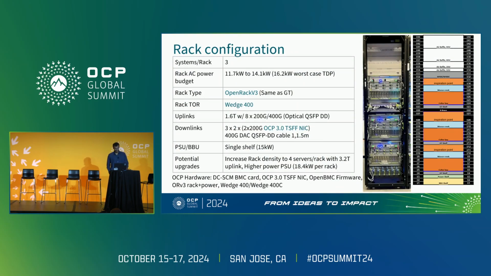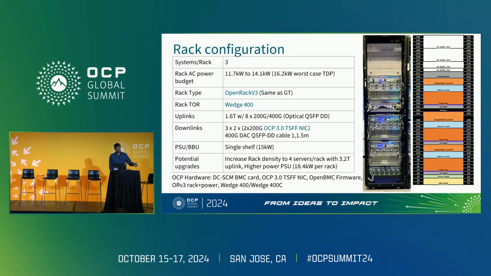This is the rack. Each rack holds 3 systems drawing about 15 kilowatts from the PSU shelf. The top of rack switch we use is the Wedge 400, which is also OCP released hardware. The rack has a facility to make it more dense by adding another system, by using a higher powered PSU and more uplink, but this is the current production use case.